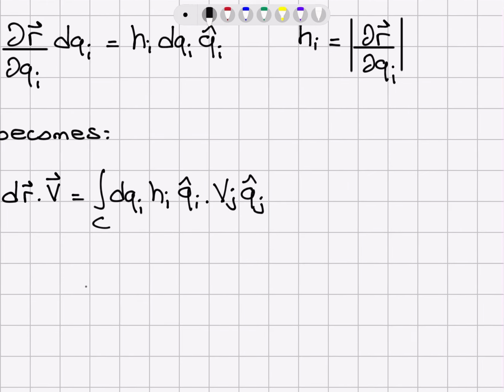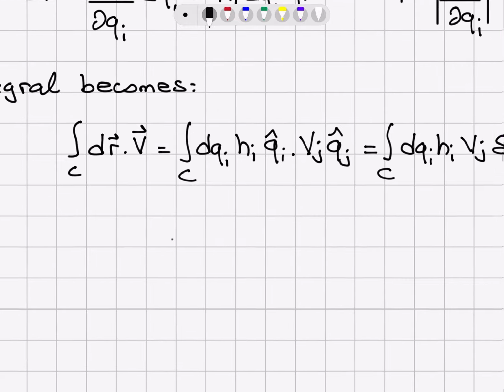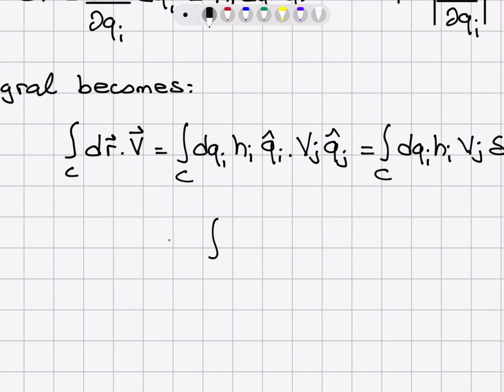And because the unit vectors form an orthonormal set, we have dqi hi vj delta ij. So i is equal to j. So that's what we have to do. And therefore, we obtain our final form.